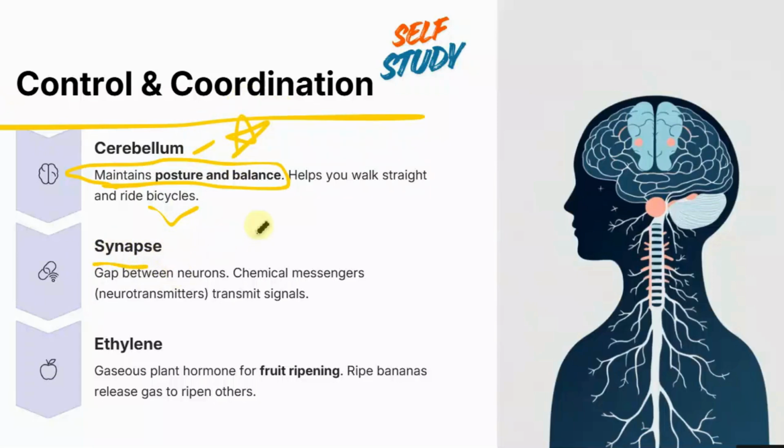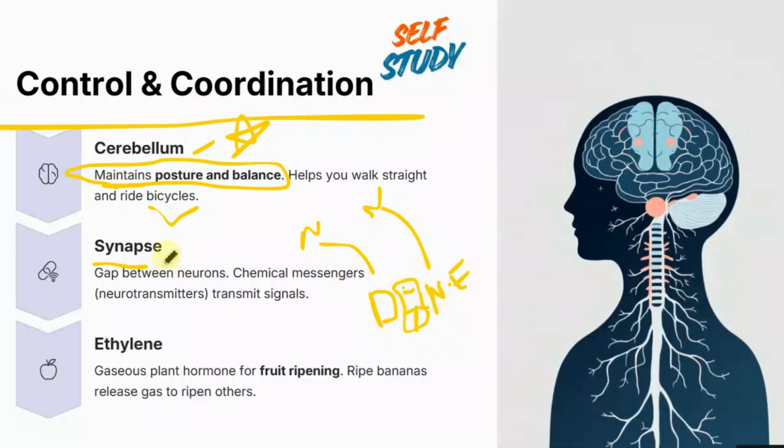Okay. Next, synapse. Most important concept, right? What is meant by synapse? You see here, one neuron is there and another neuron is there, and this is the dendrite part of one neuron and this is the nerve ending of the other. Between the dendrite of one neuron and the nerve ending of another neuron, there is a gap that needs to transmit signals from here to here.